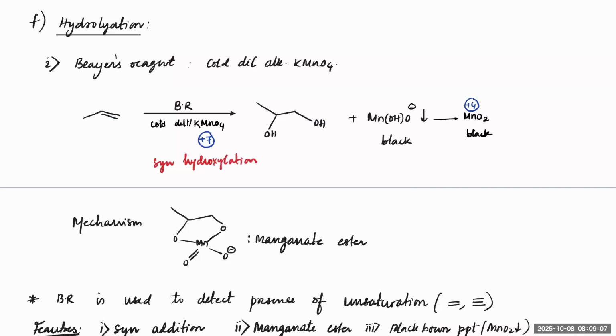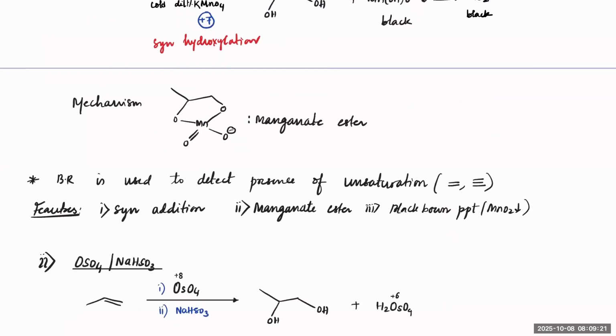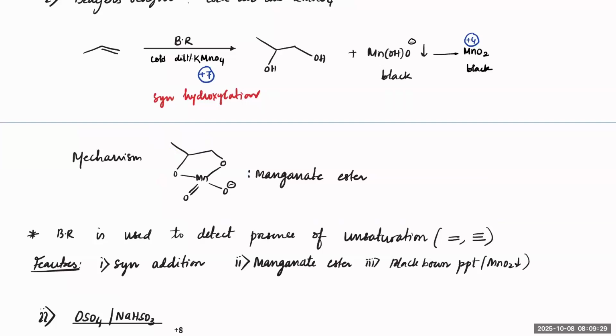That syn hydroxylation will give us two OH groups here. Manganese will convert into this one, which eventually converts into a brown-black precipitate, which is MnO2. Oxidation state is +4. In the mechanism, you need to remember that manganese forms a manganate ester, because of which there is a syn addition.